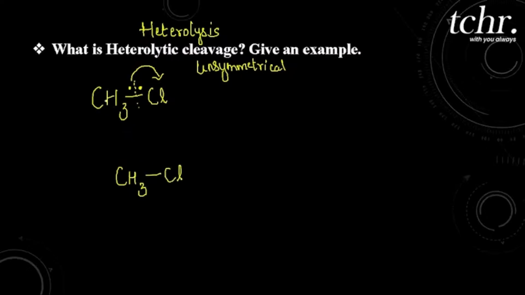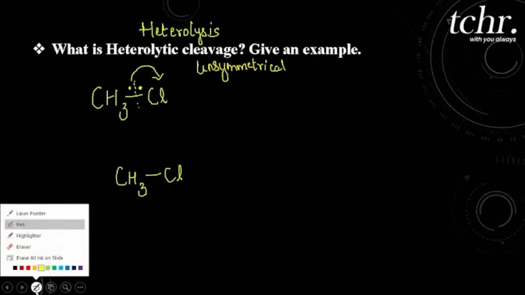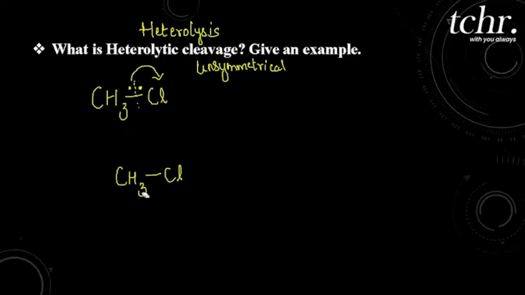Either both electrons may go towards one fragment, or, if I take it in general as X, both electrons can go towards carbon also. It is completely based on which is more electronegative. So an unsymmetrical distribution of the electrons is known as heterolytic cleavage.